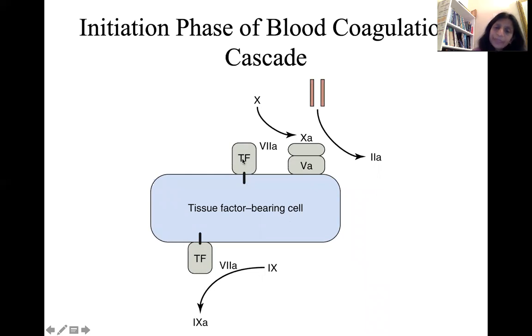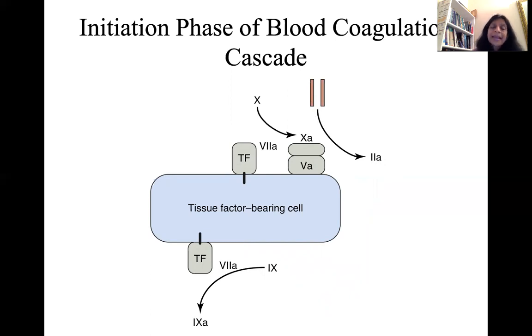Tissue factor activating factor 7, and then factor 7 and tissue factor together are able to activate factor 10 to its active state, along with factor 5 in the activated state. This complex, along with calcium, would convert factor 2, which is prothrombin, to its active state, thrombin.